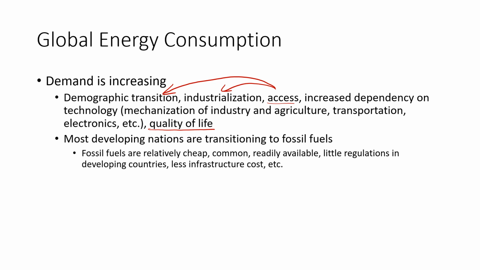So most developing nations are transitioning to using heavy fossil fuel use. Again, they are transitioning from an agrarian or pre-industrial society to an industrializing society, and they're transitioning to heavy fossil fuel use.